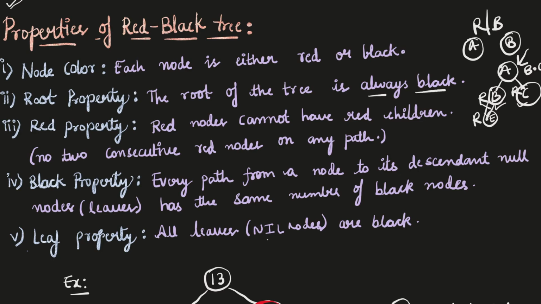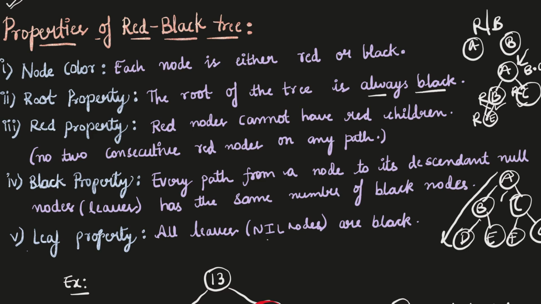The fourth property states that every path from a node to its descendant null nodes has the same number of black nodes. That means if we start from A, B, C, and suppose this is just a random tree which I am taking, D, E, F, G. These are all the paths which the tree can traverse from the root to below.